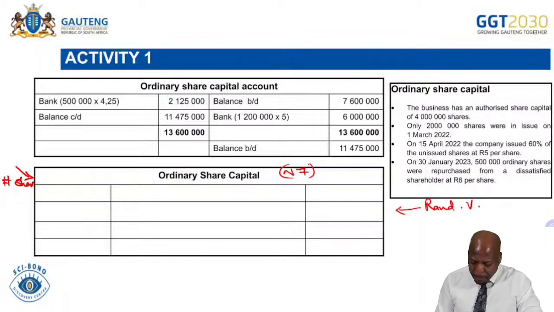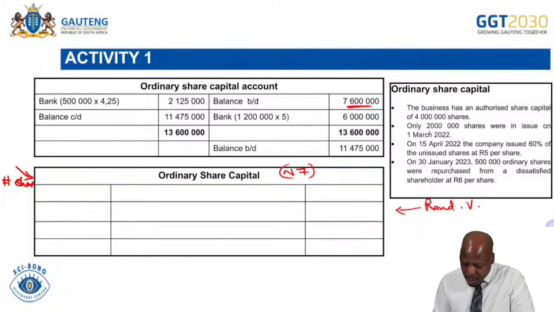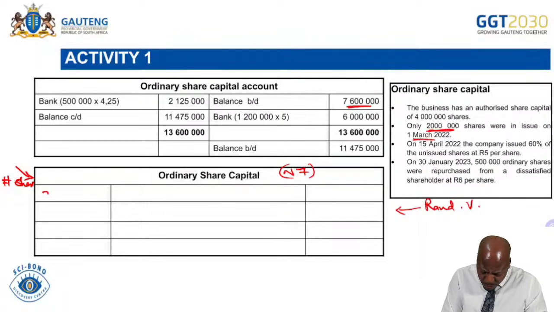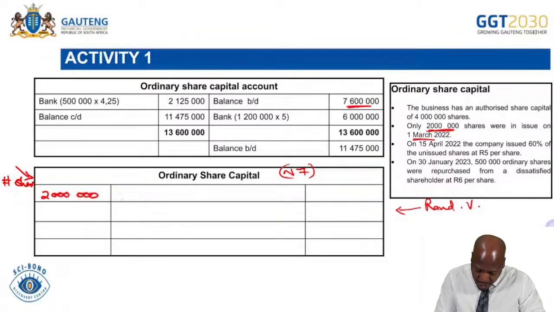We know that at the beginning, we have 7.6 million rands. But that 7.6 million rands was made up of what? Of the 2 million shares that were in issue on 1 March. So what do I start with? Let me start with my shares. How many shares? 2 million ordinary shares.